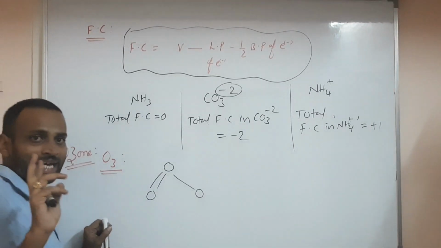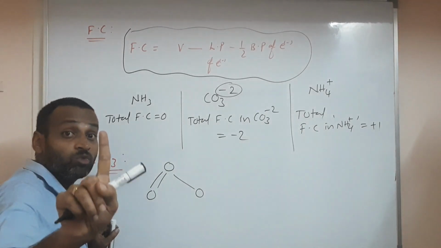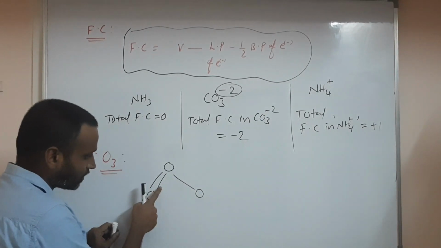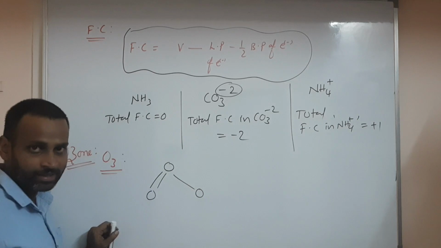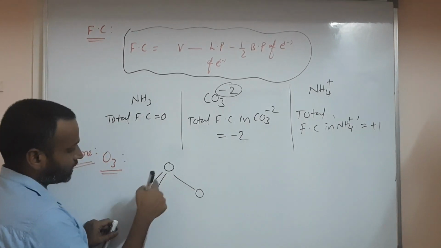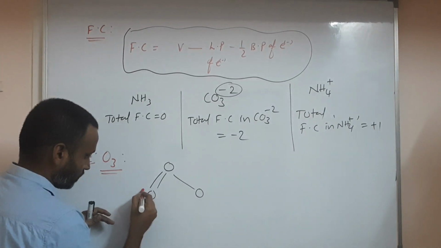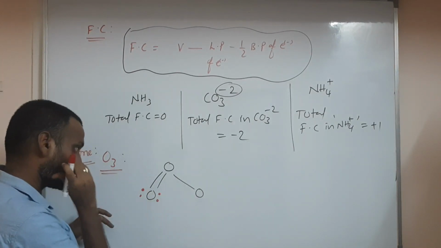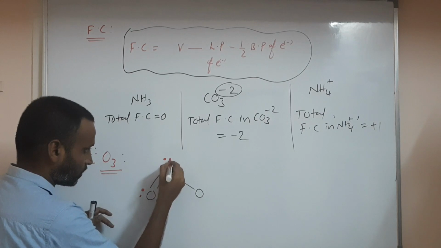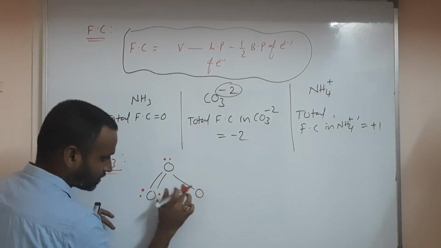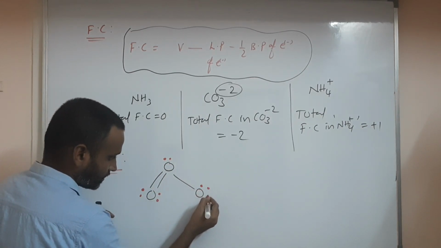So when it has covalency 4, one dative bond is sure. These are two covalent bonds and this is a dative bond. Now this oxygen, if you see, has 2 bonds, so octet means 2 more lone pairs. This oxygen has 3 bonds, so 1 lone pair. This oxygen has 1 bond, so 3 lone pairs like this.